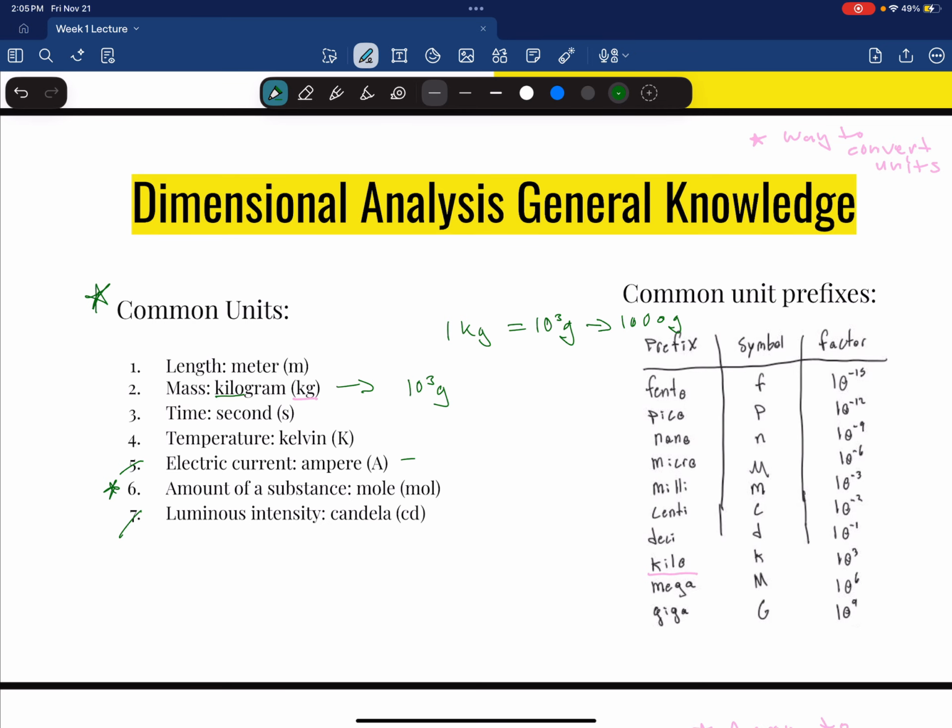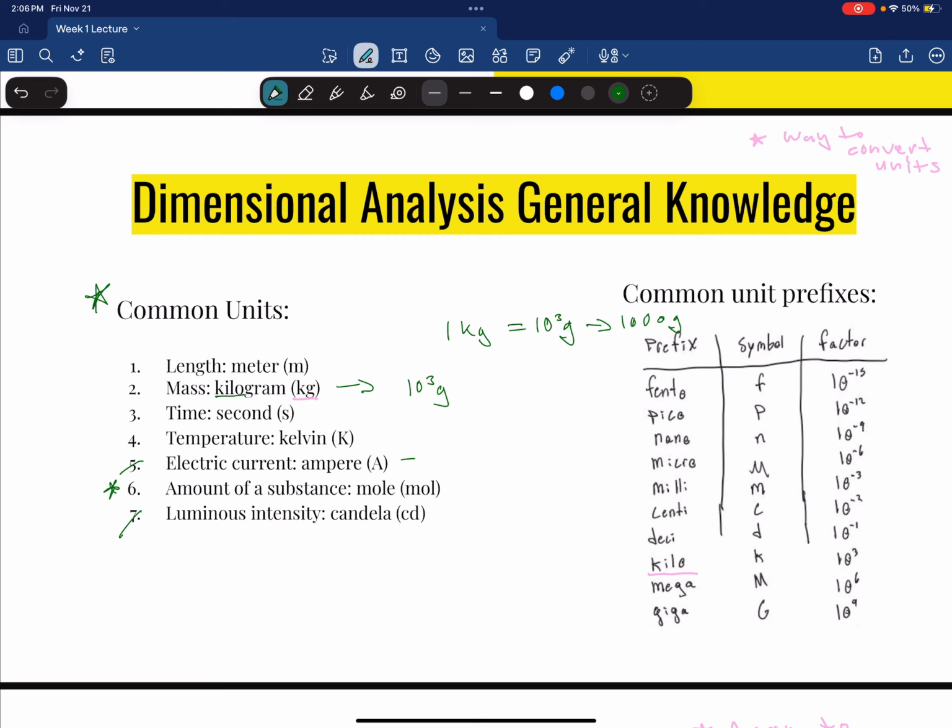Like we covered at the beginning, length is going to be meters, mass is going to be kilograms, time is going to be seconds, temperature kelvins, and then the rest: electric current, ampere; amount of substance is going to be mole; luminous intensity is going to be candela, represented by cd.